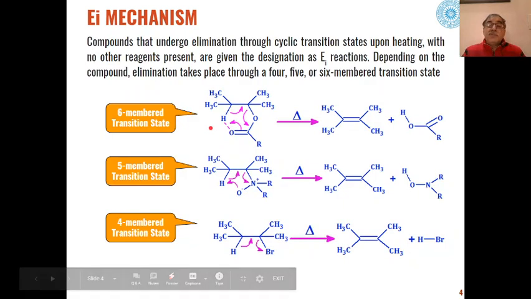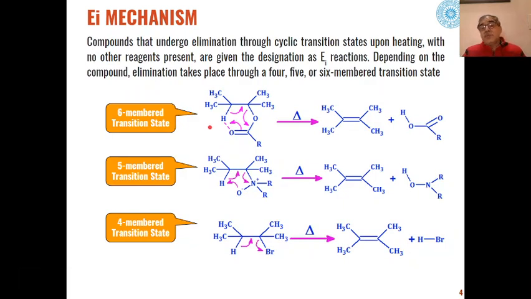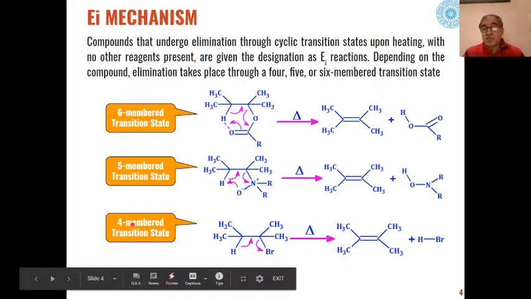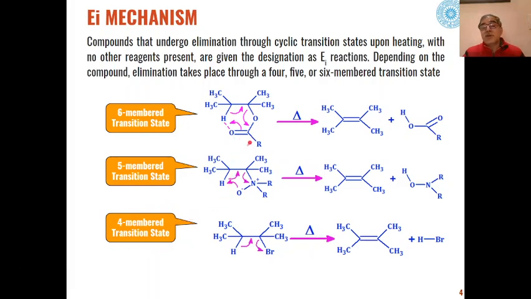Now the compounds which undergo these types of syn elimination through the Ei mechanism, the products are formed through a cyclic transition state, and that cyclic transition state may be a 6-membered, a 5-membered, or a 4-membered transition state. You can see, for example, esters are involved in these pyrolytic eliminations via a 6-membered transition state.